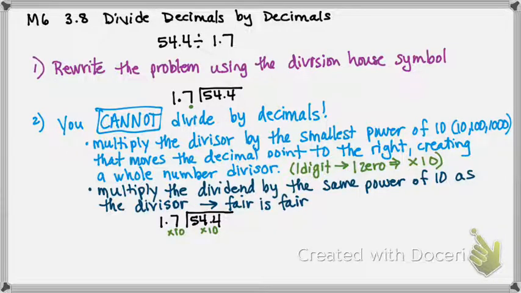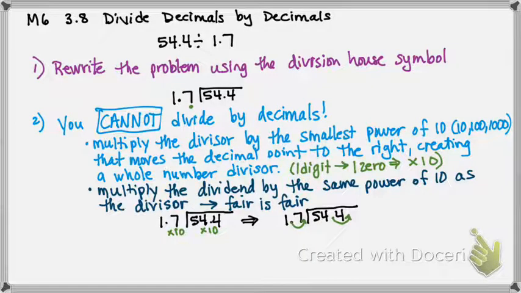And you guys should have learned that when you multiply by 10, all it does is shift the decimal point right 1 spot. If I multiply by 100, it has 2 zeros, I'd have to move it 2 places. So I'm only going to move it as little as I need to so that I end up with a whole number. So I moved it 1, I moved it 1.